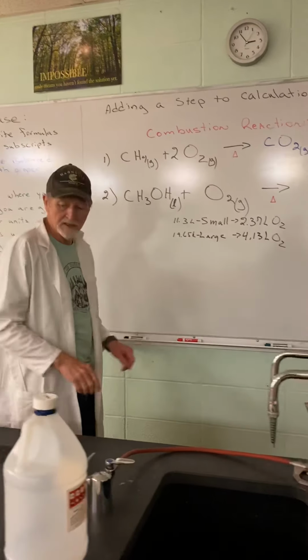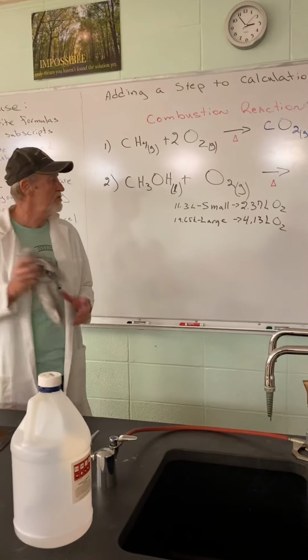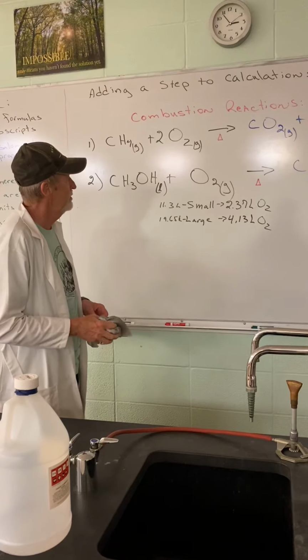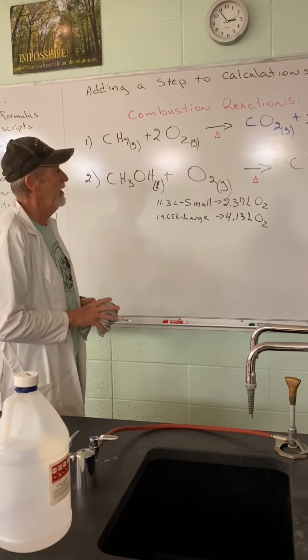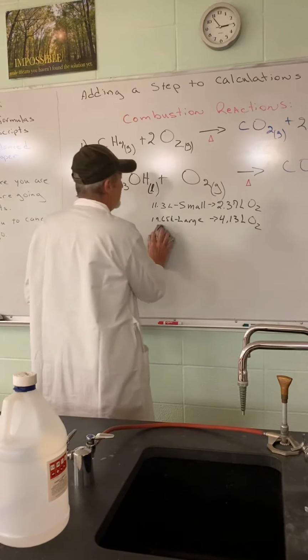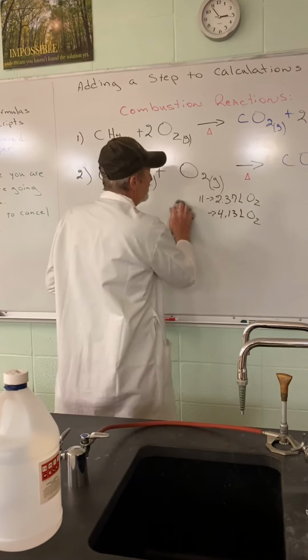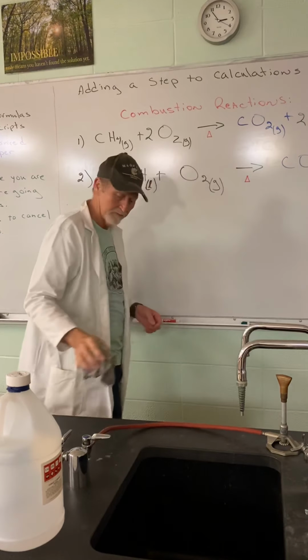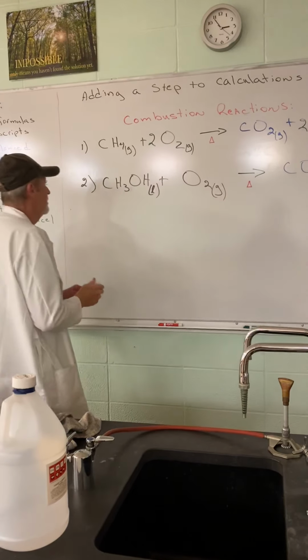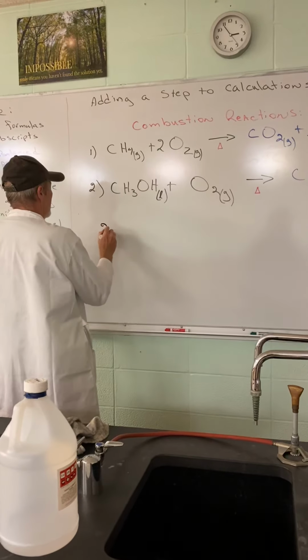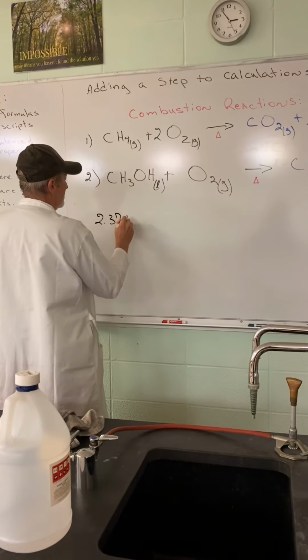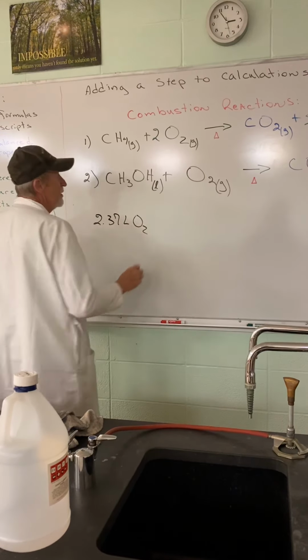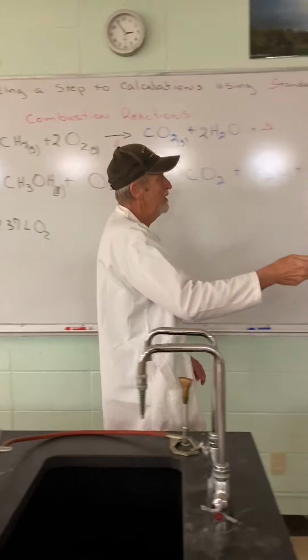I'm going to erase this. We're going to use the smaller value. You can set it up the same way. We use a 2.37. All right, we're going to use what we did earlier.